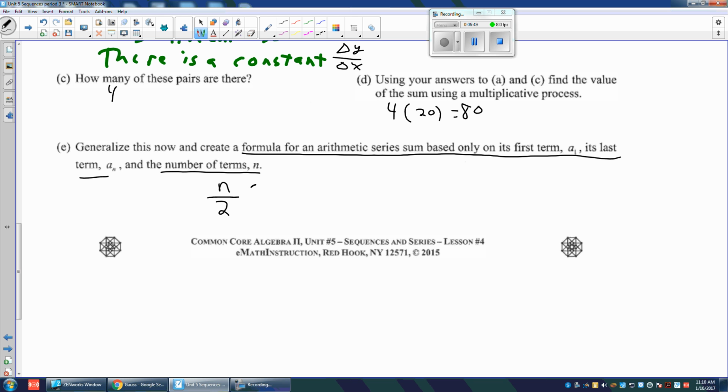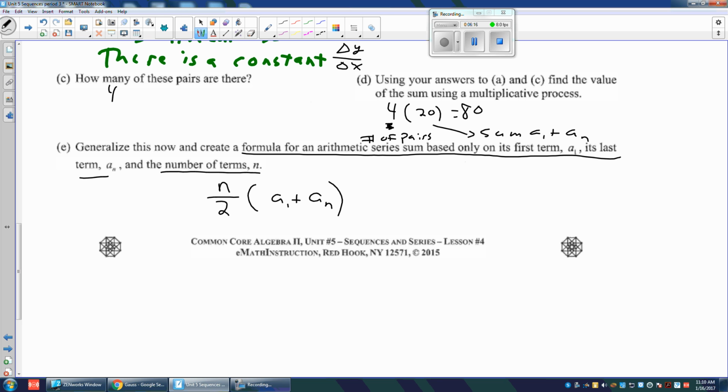We added the first one, and we added the last one, and it's going to be the same sum for all of them. So here, there's the number of pairs, and that's the sum of a sub 1 plus a sub n, the first one and the last one.